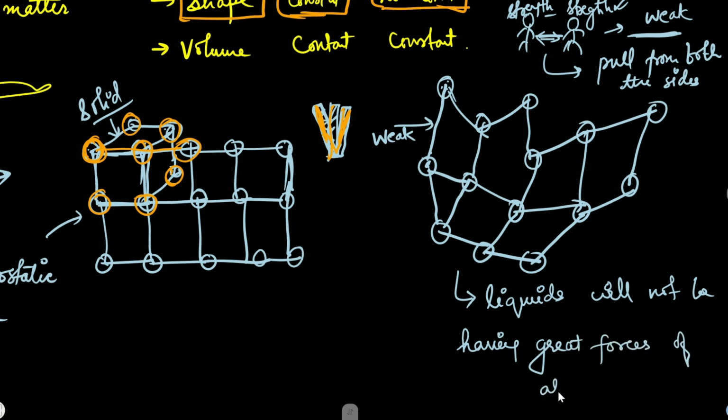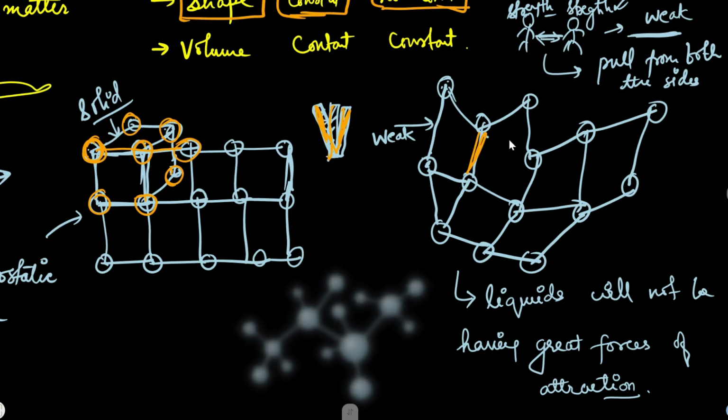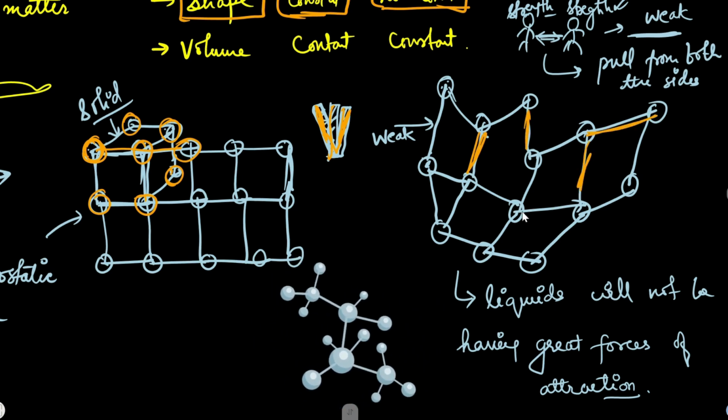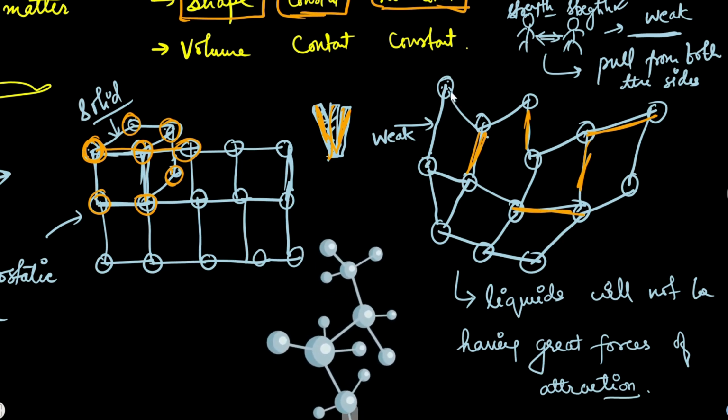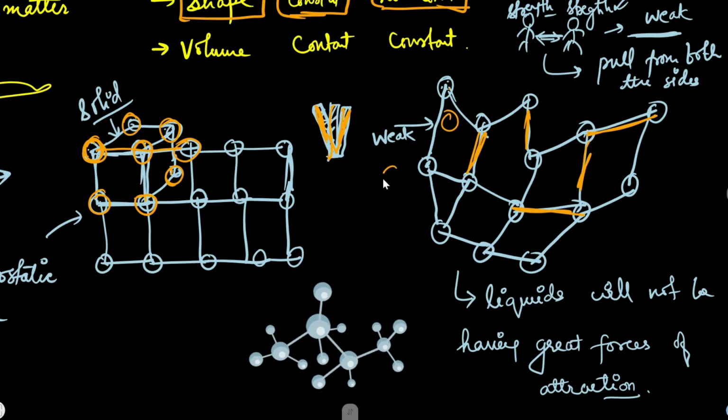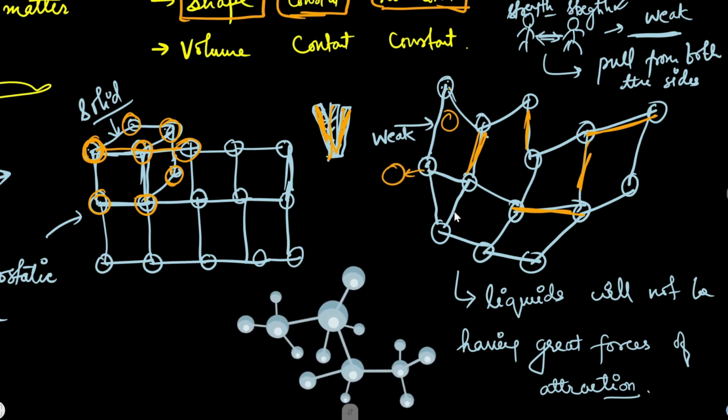Okay, so we understood that in the case of liquids, the forces of attraction are weaker. The bonding is not that strong, and because of the weaker forces of attraction, the shape changes. Sometimes it is like that, sometimes this molecule will move here and this molecule will move here. Now the shape changes.